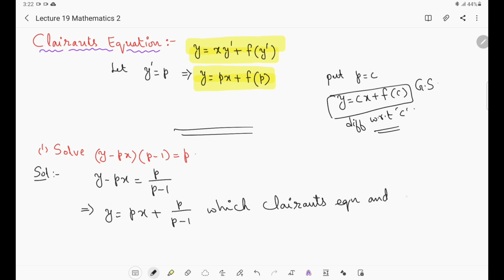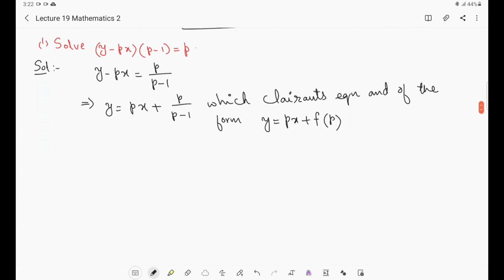What is the form of this equation? y equals px plus f of p. You see that y equals px plus a function of p; p by p minus 1 is a function of p. For finding the general solution, I told you that we have to replace p with c.